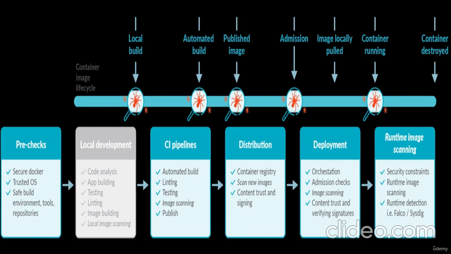So this is how vulnerability scanning works: local build, automated build, published image, admission, image locally pulled, container running. This is a diagram actually. Container destroyed. So first pre-checks: secure Docker, trusted OS, operating systems, safe build environment tools, repositories.